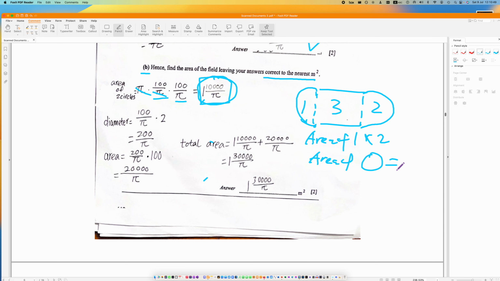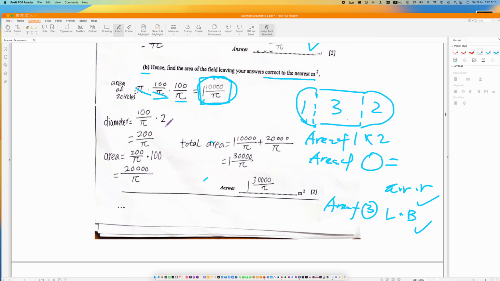What's the area of circle? Pi times r times r. Done. What's the area of 3? Length times breadth. Done. Add them up. Simple.